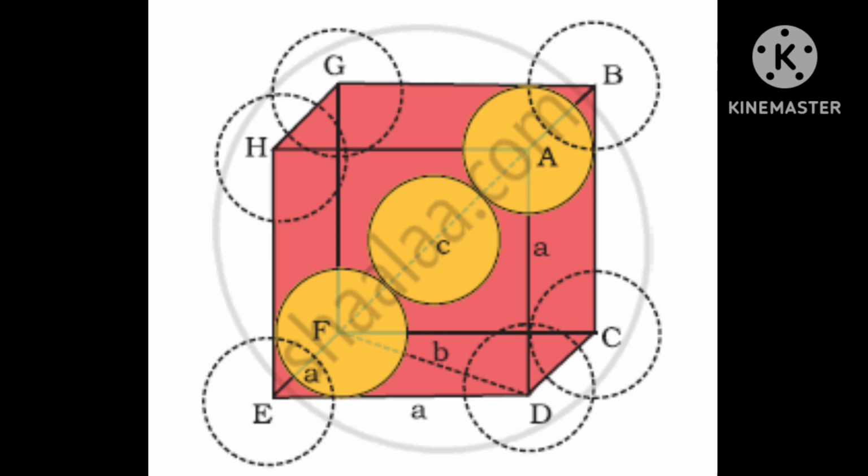Now what will be the volume of the cube? The volume of the cube is a cube, because a is the length of the side. The value of a is already calculated: a is equal to 4r divided by root 3. So a cube is 4r divided by under root 3, whole power 3.